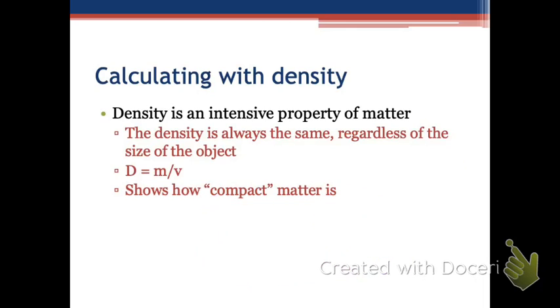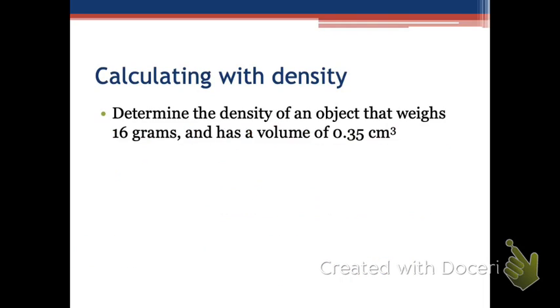All right, we already talked about that. We don't need to go into that a whole lot. All right, determine the density of an object that weighs 16 grams and has a volume of 0.35 cubic centimeters. So here's my equation.